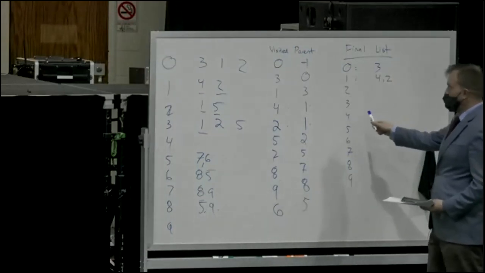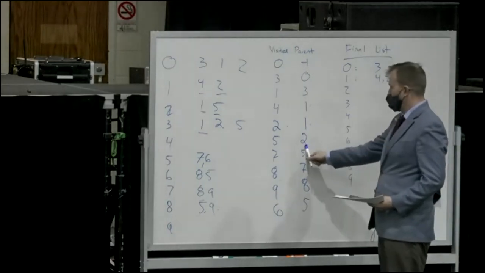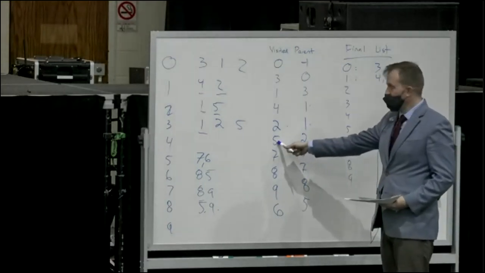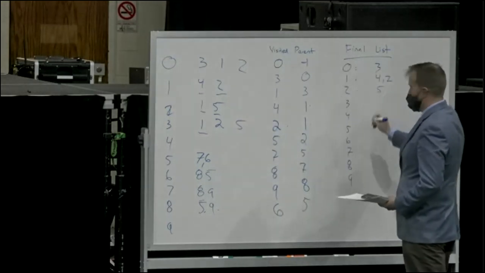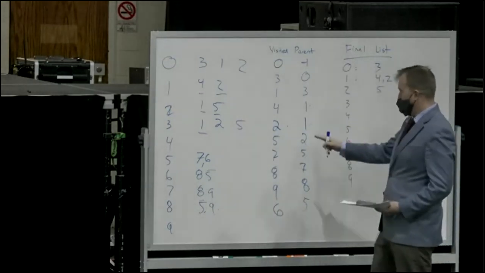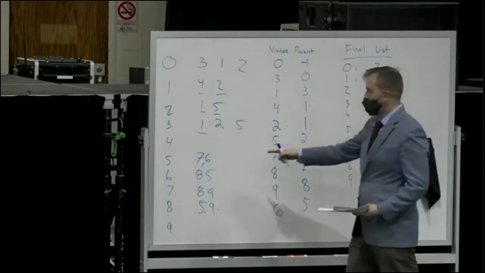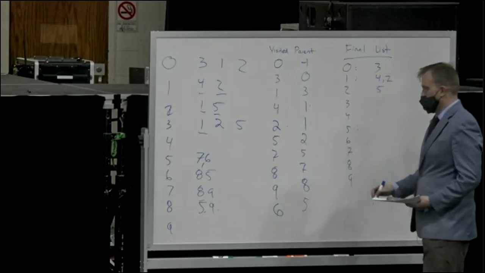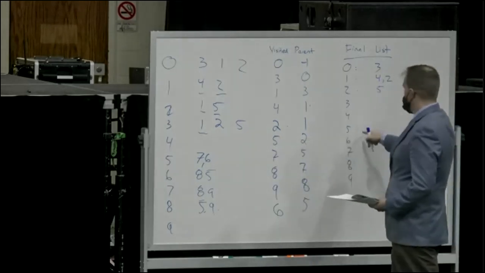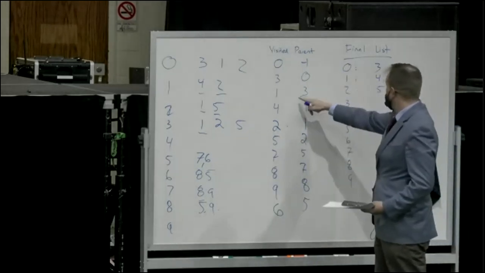When we go to 2, 2 is the parent of 5. So that's the one that's going to end up here. And now we go to 3. 3, 1, 2, and 5. 5's parent is 2. So 3 isn't the, well, 3 is the parent of 1.